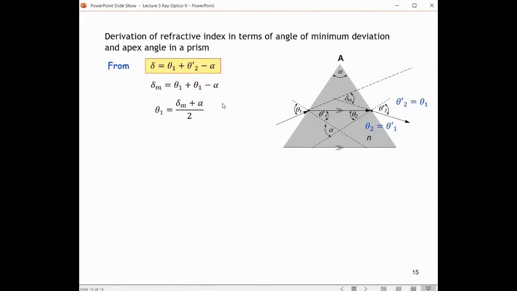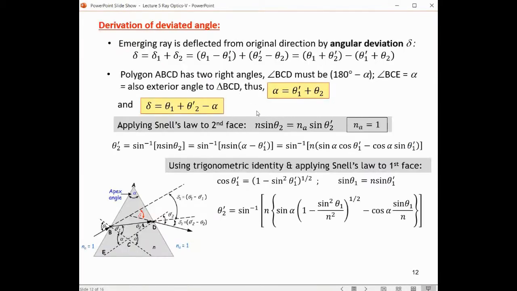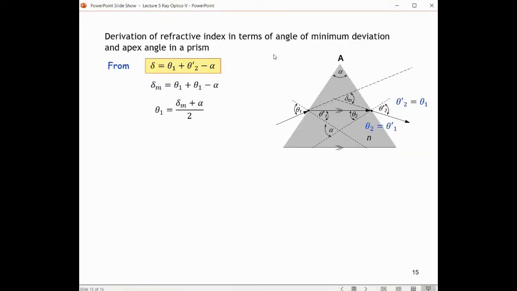So let's look at the derivation. From the earlier derivation of the deviated angle, we had this expression: delta equals theta 1 plus theta 2 prime minus alpha. Since at the condition of angle of minimum deviation, the ray traverses through the prism symmetrically, which means that this refracted ray in the prism will be parallel to the base, theta 2 prime here would then be equal to theta 1.